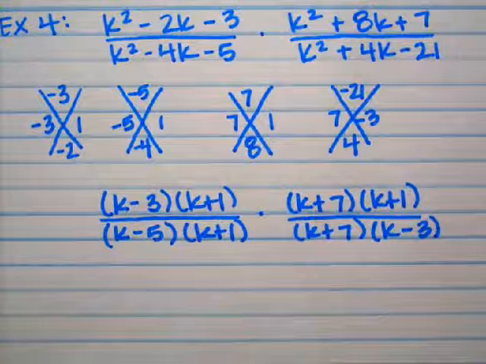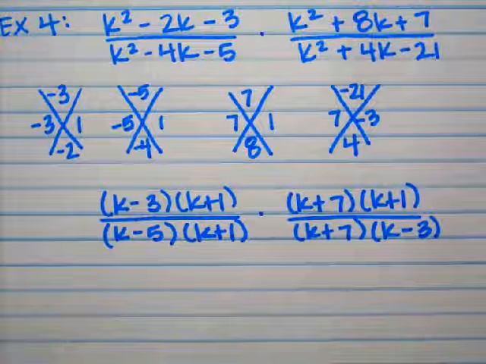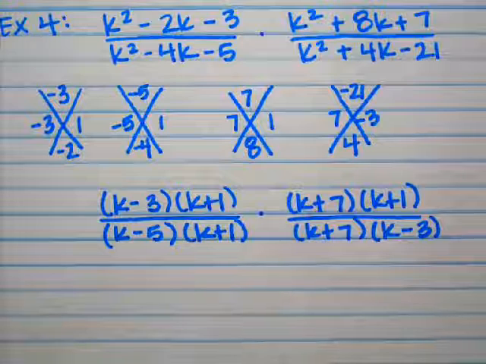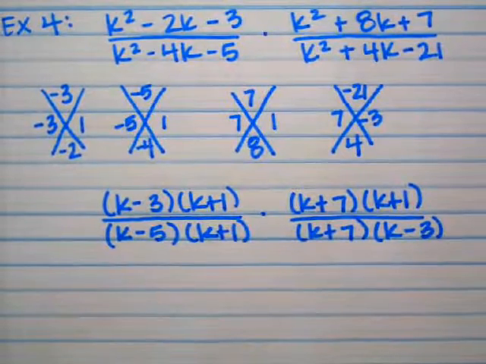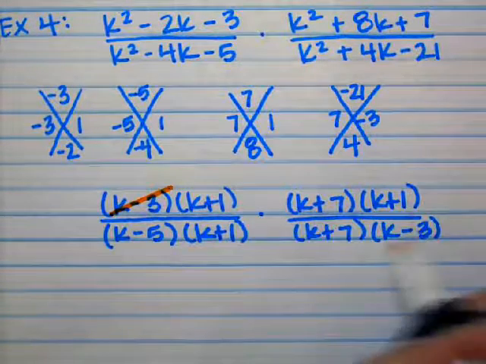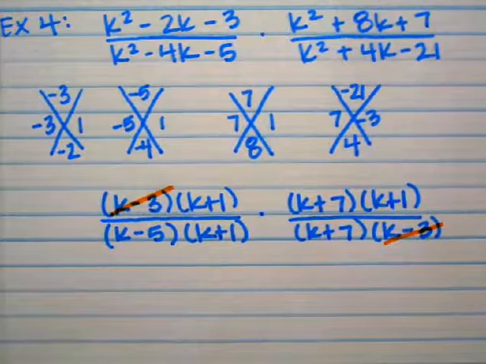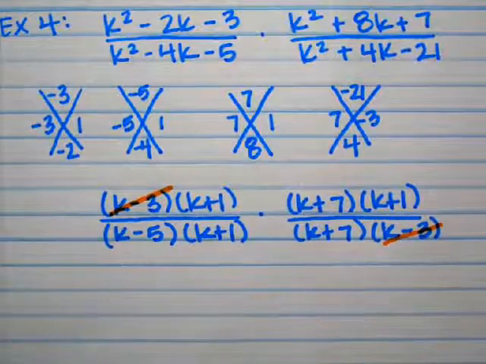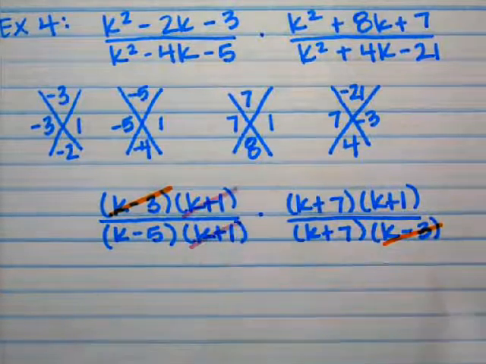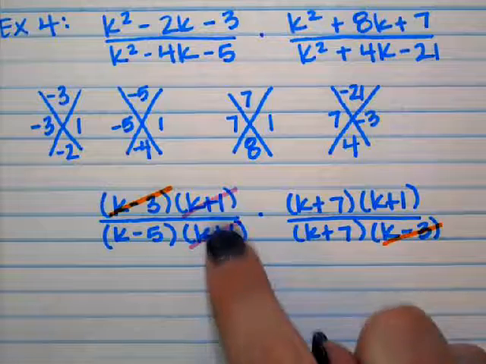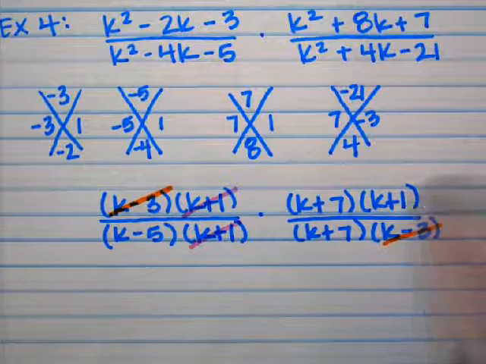So what factors do you see? Okay, so k minus 3 and k minus 3, those make a 1. That divides to be 1. K plus 1, those divide to be 1. But only one of them, so we can only cancel these two. We can't cancel this one over here. That one has to stay behind.